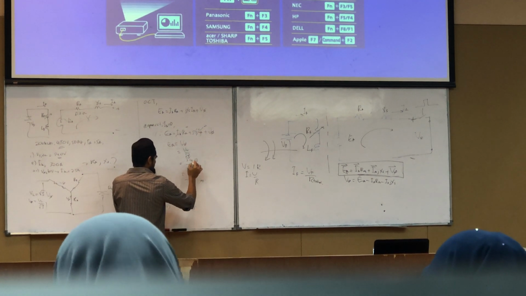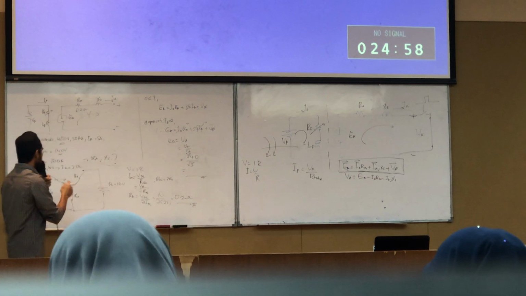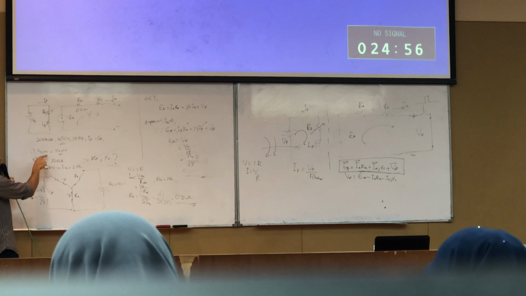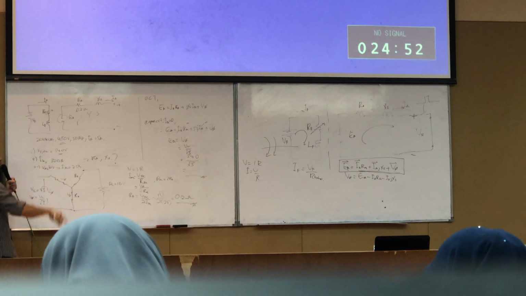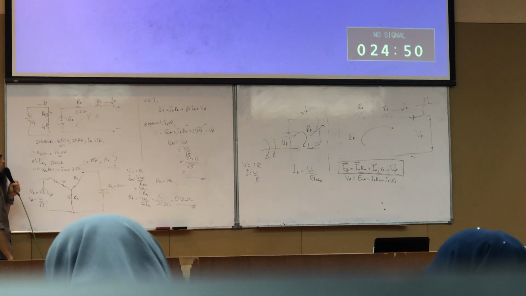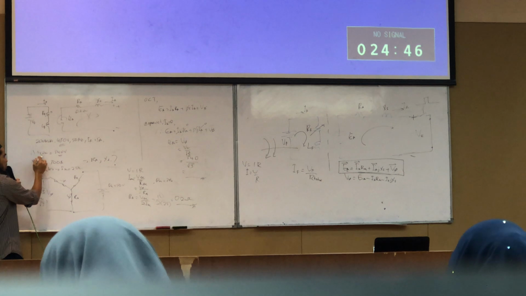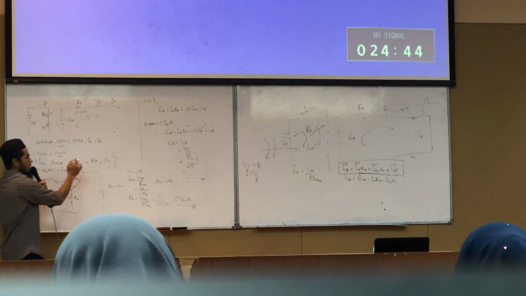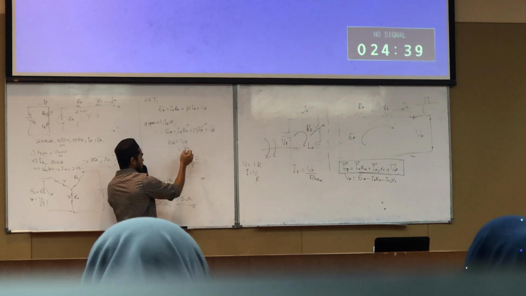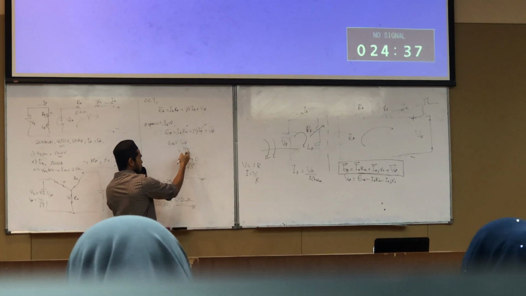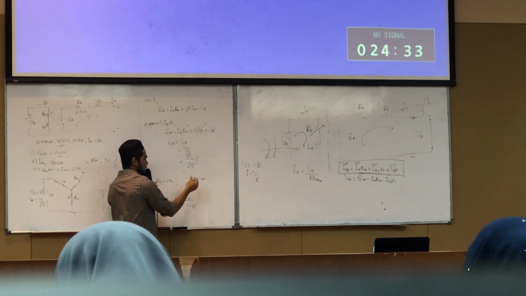540. That is why we need to rewrite, such that we can refer to what we have written rather than referring back to the question. Open circuit is the V terminal open circuit. So EA equal to V phase. V phase equal to V terminal divided by root 3. Terminal 540 divided by root 3.